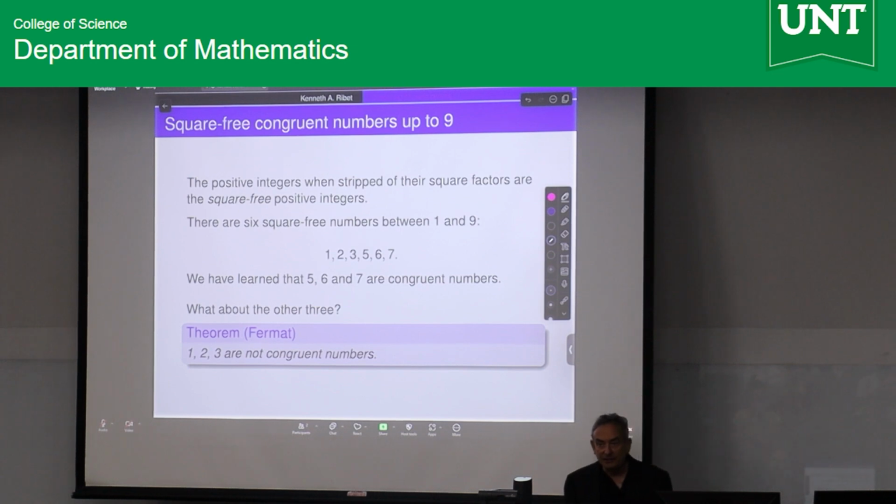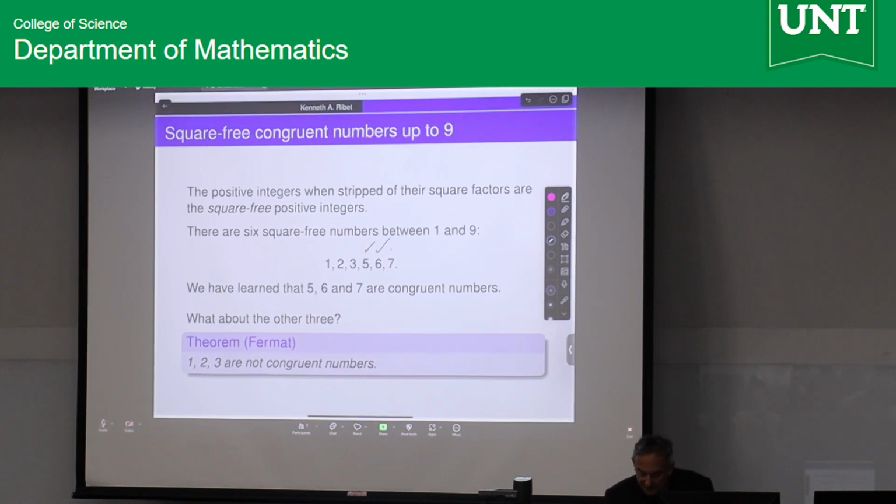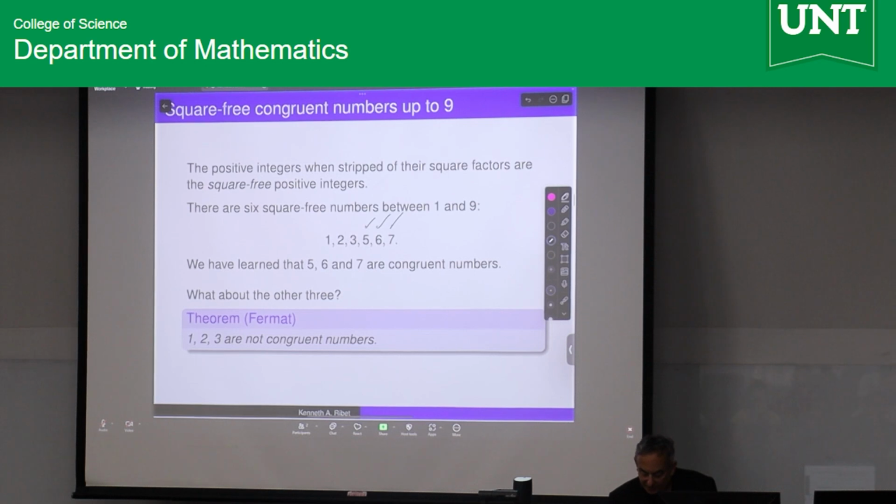And 9 is not square-free, it's a square times 1. So if you want the square-free numbers, you can throw out 4, 8, and 9, and there are only 6 numbers left, 1, 2, 3, and 5, 6, 7. And the 5, 6, and 7, as we've already seen a couple of times, are indeed congruent.